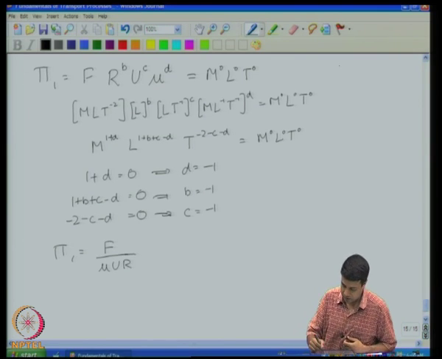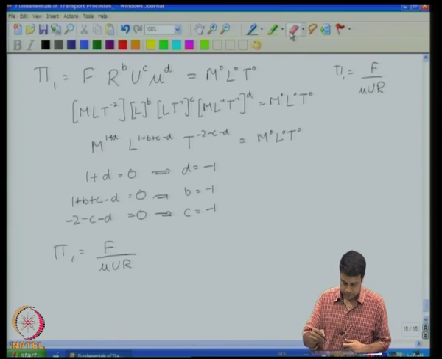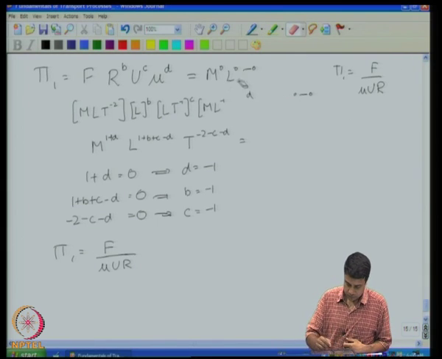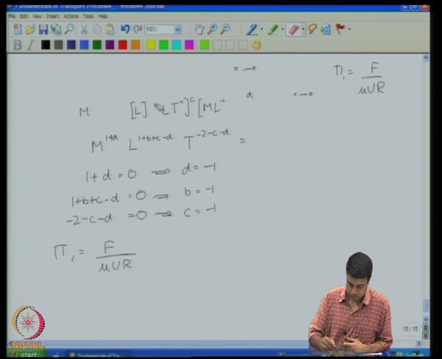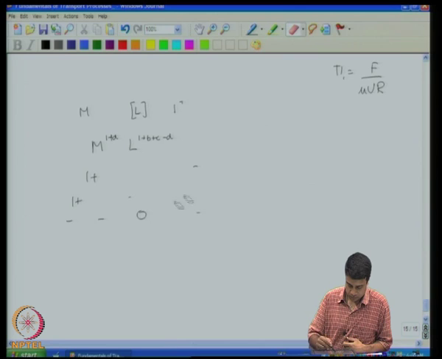So, that is the first dimensionless group. Pi 1 is equal to f by mu u r. So, that is one dimensionless group.